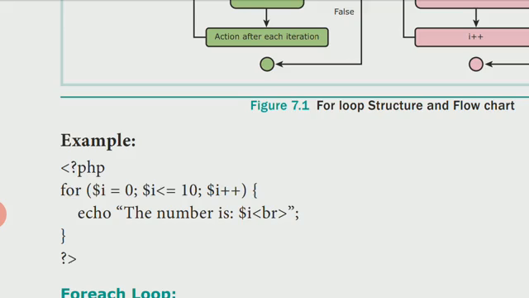Echo the number is i, then a line break. Every time, first the i value will be 0. Then it will check whether i is less than or equal to 10. The condition is true, so the number is printed. The number is i, 0 will be printed.